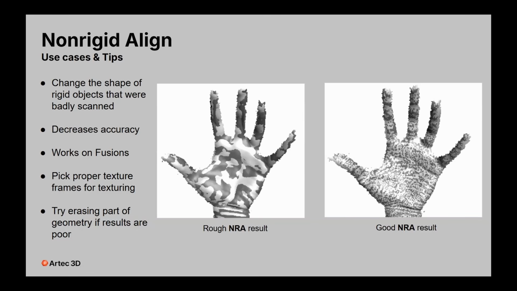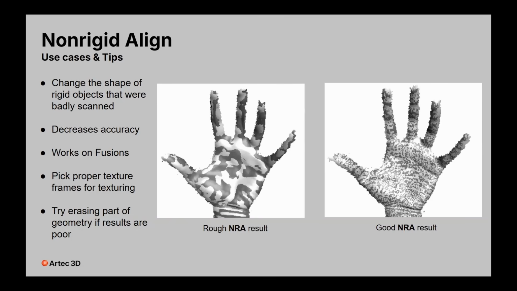In order to fix that, you can erase some parts of the geometry, the parts that greatly differ between the two, and this way it will be easier for the software to deform one mesh to fit the shape of the other.